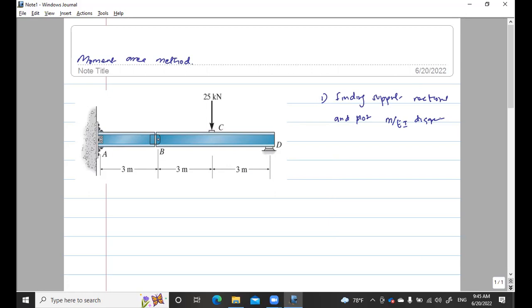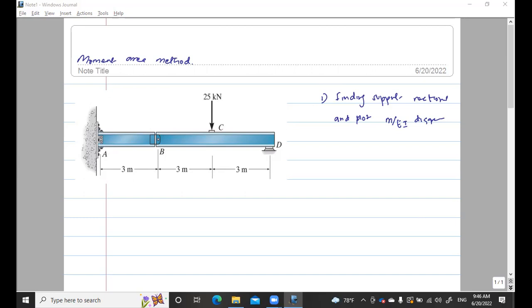So, considering that, first we have to plot this curve.